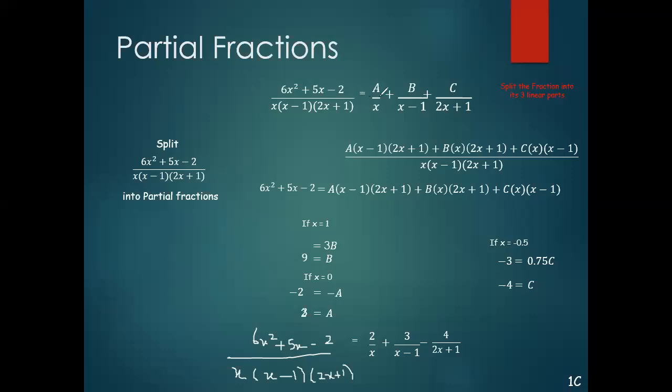A is 2, so that will be 2/x. B was 3, so we have 3/(x minus 1). And then C was -4, so -4/(2x minus 1). Okay, so that is for 3 linear terms.